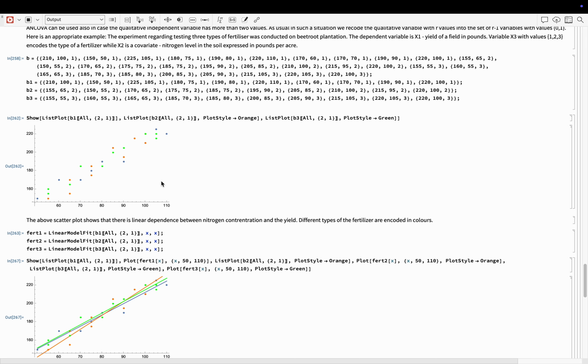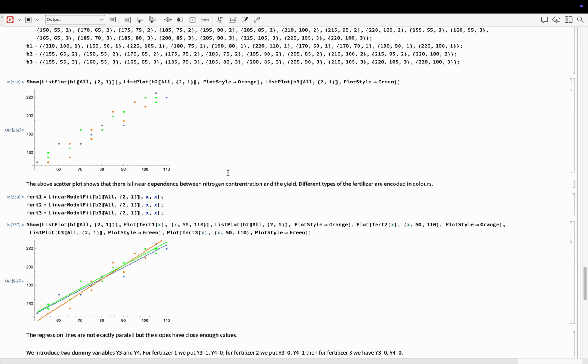In this example, we have three colors here, which means that our experimental variable has more than one, in this case three values, which means that if we want to use Ancova, we have to adapt for that by encoding our experimental variable in two auxiliary variables that are of 0, 1 type, and that can be used in multiple regression.